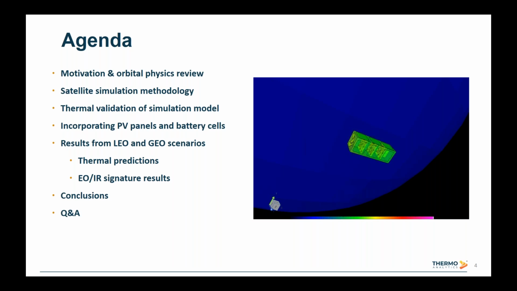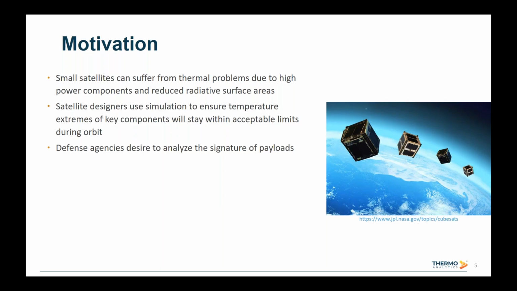I'll start by talking a bit about the motivation for this work. As most of you are probably aware, small satellites can suffer from thermal problems, and that comes from having miniaturized high power components and reduced radiative surface areas where that heat can be dumped to space. It can be complicated to get the energy balance right.